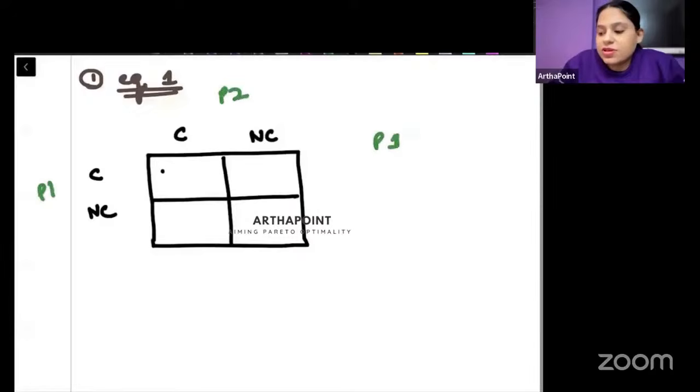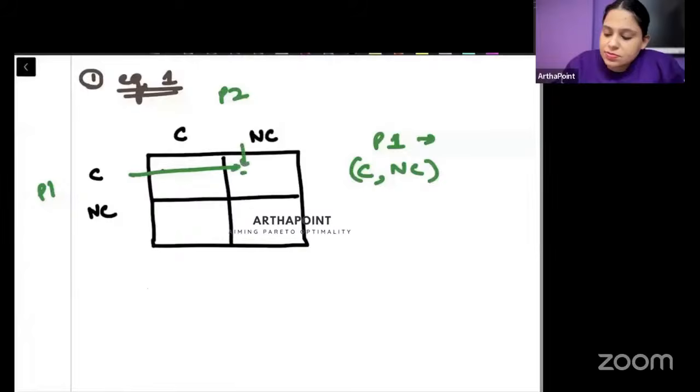For player 1, the first best option is when he commits to crime and the other doesn't commit to crime. So let me give this as 3 first. Then the second best is when both don't commit to crime, so I am giving this as 2.